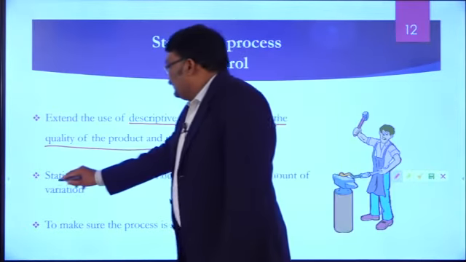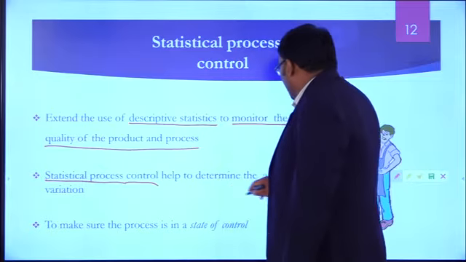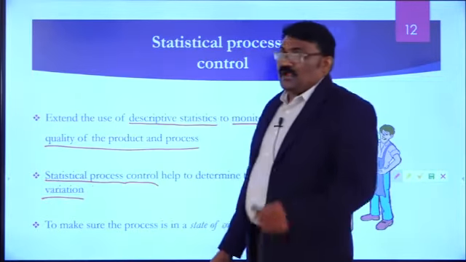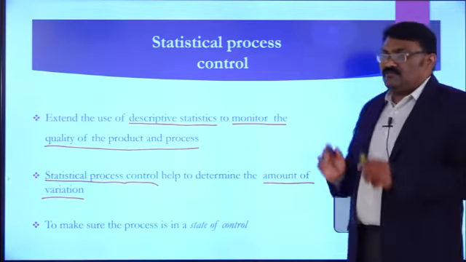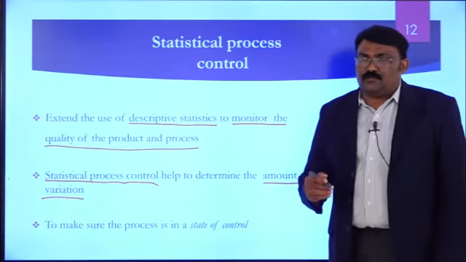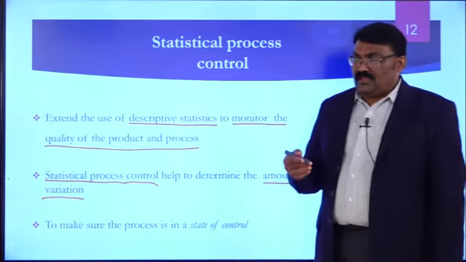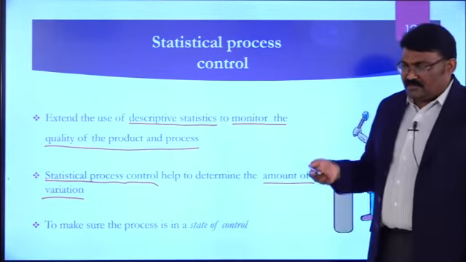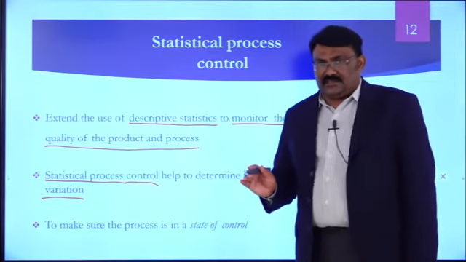Next, statistical process control helps to determine the amount of variation, because while products are produced in an organization, every product will not be produced as per the defined quality. Some products deviate from the defined quality, some to a higher level, some to a lower level, but definitely there will be a deviation.